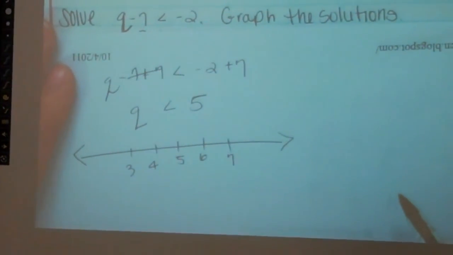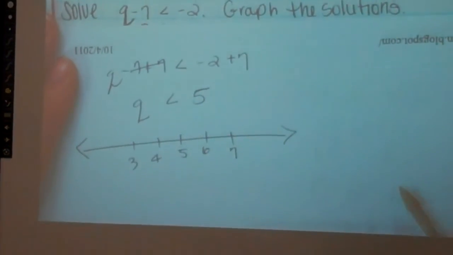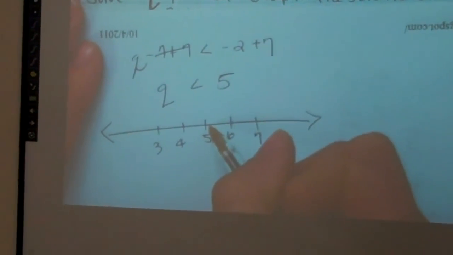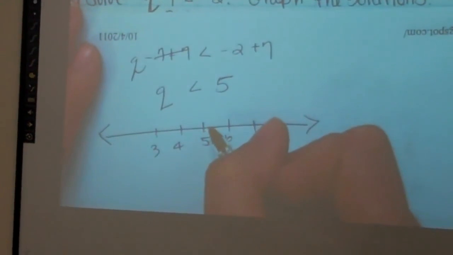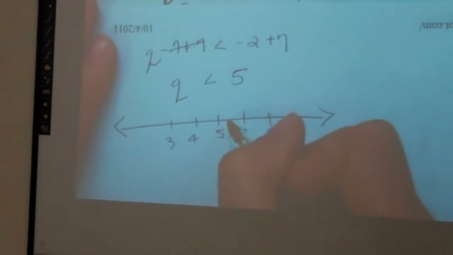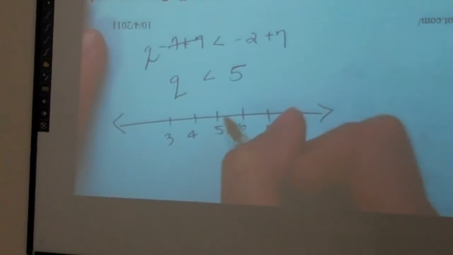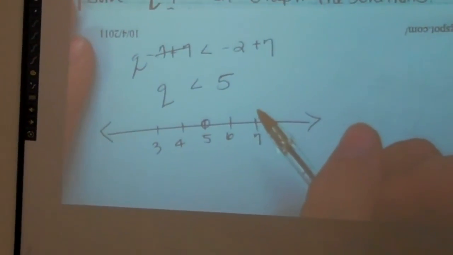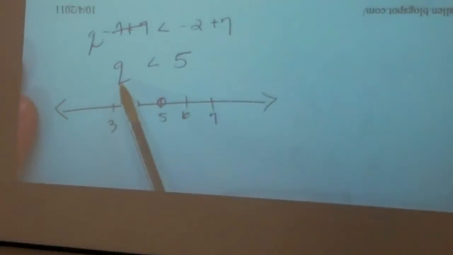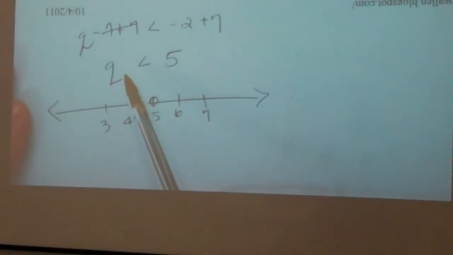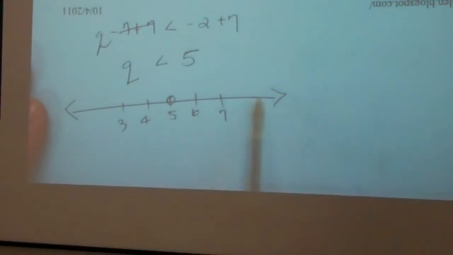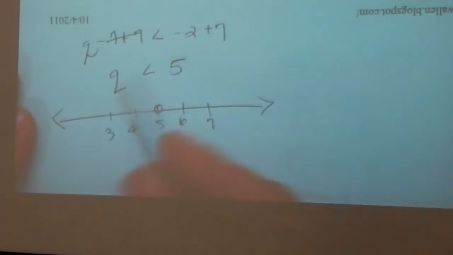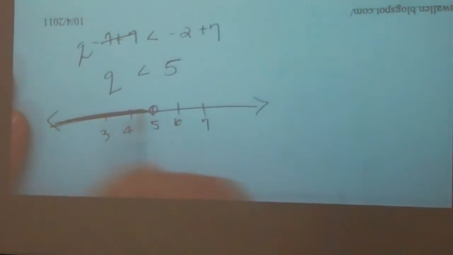Now what do I do? Where do I put my starting point? At 5. Is it filled in or is it open? Open. Good. So our variable is less than 5, so which direction is it going to go? To the left. So I'm going to fill in to the left.